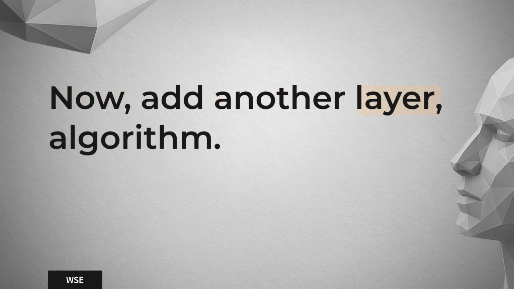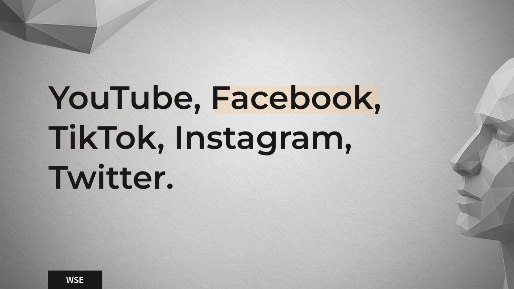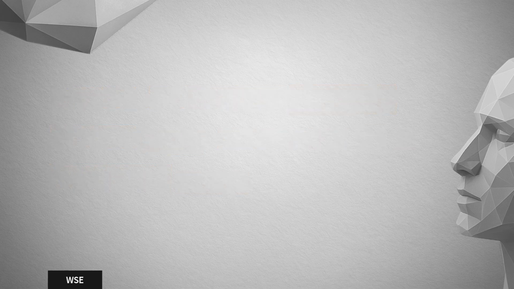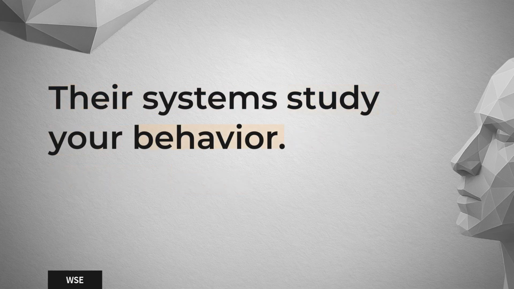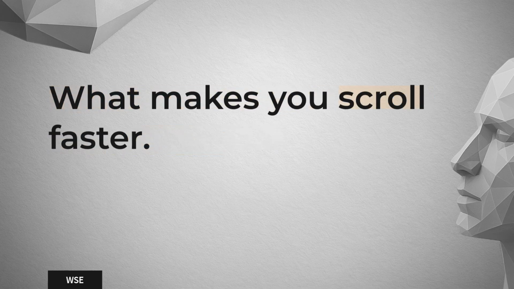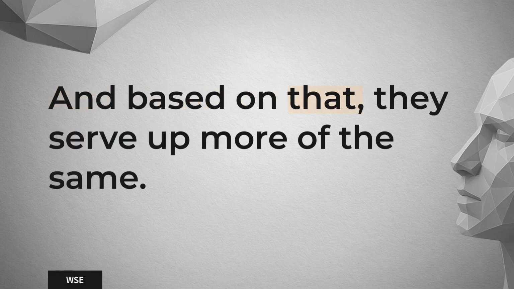Now add another layer: algorithms. YouTube, Facebook, TikTok, Instagram, Twitter, none of them simply show you content in a neutral way. Their systems study your behavior. They learn what makes you pause, what makes you scroll faster, what you share with friends. And based on that, they serve up more of the same.